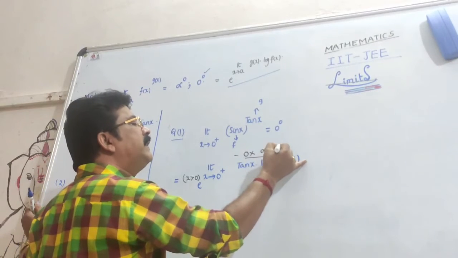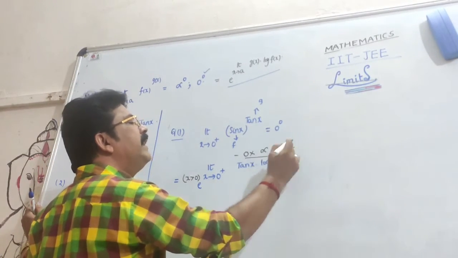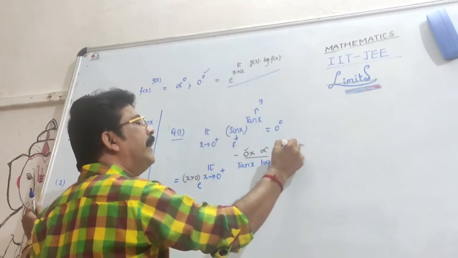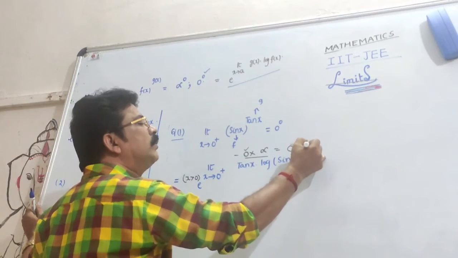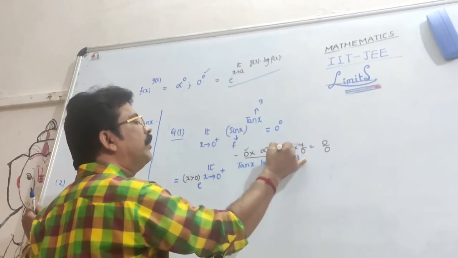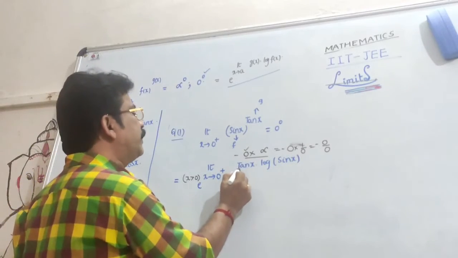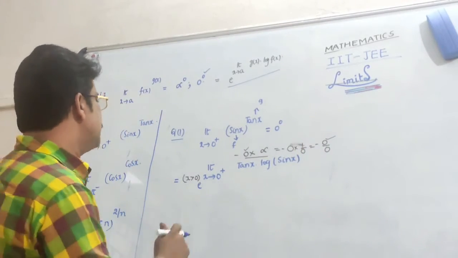We must convert it into the form 0 by 0, because infinity means 1 by 0. So therefore it is 0 by 0 form. Of course minus is there. Okay, let it be. Now we are trying to express this function in terms of 0 divided by 0.